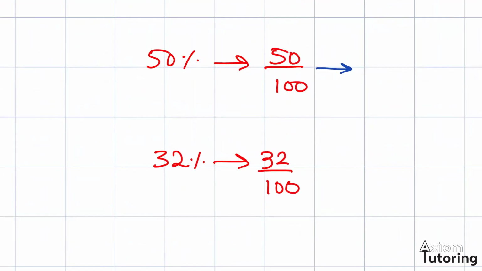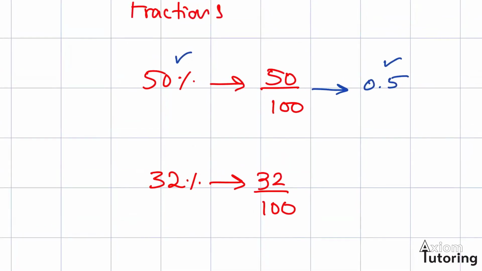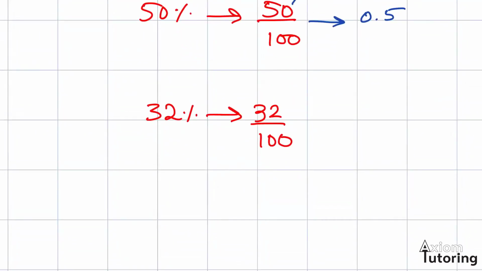So 50 divided by 100 is 0.5, which is what we looked at earlier. 0.5 is the same as 50%, and 50 over 100 is just an equivalent fraction for 1 over 2. So to write anything as a percentage, you divide it by 100.